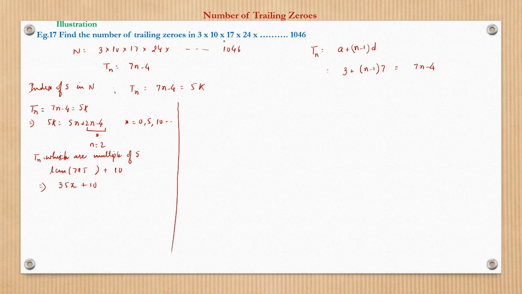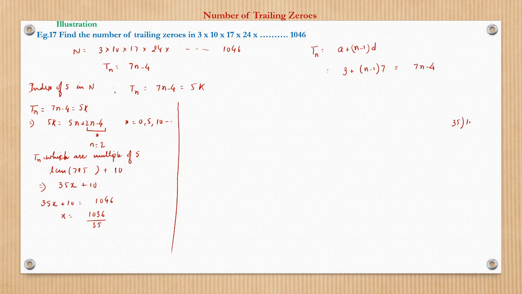So basically what I do here, I equate this to the last term to find x. So if 35x plus 10 is equal to 1046, x is nothing but 1036 by 35. So this I divide here.